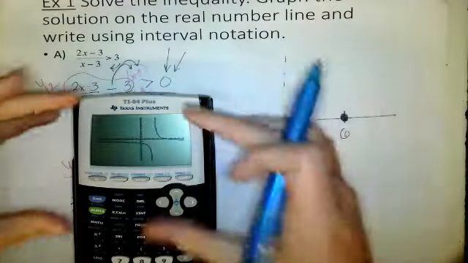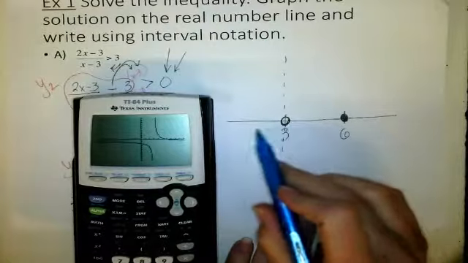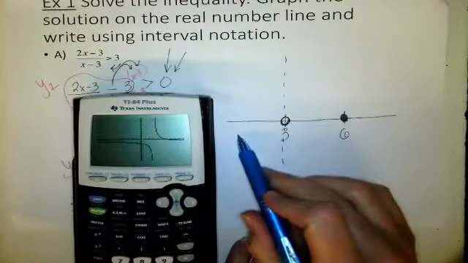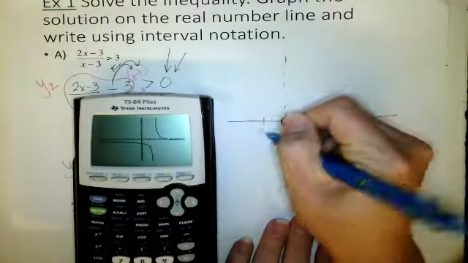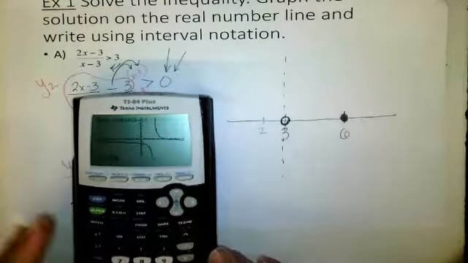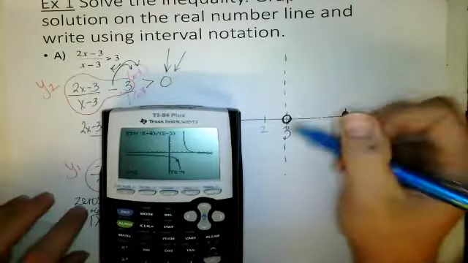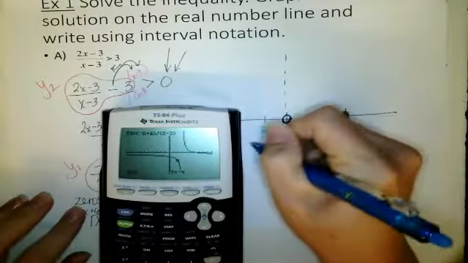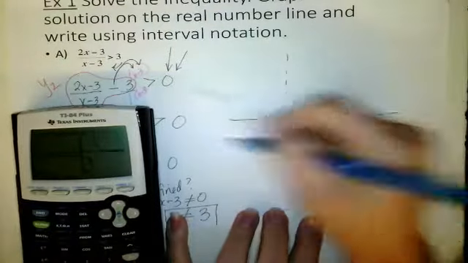Because I have it in my calculator, that's really easy to do. So I want to test an x value to the left of 3. Give me a number that's to the left of 3. 2. 2, okay. So I'm going to trace and type in a 2. And when I type in a 2, what's my value?